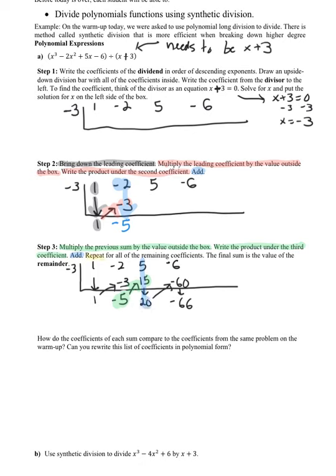Then I'm going to repeat for the remaining coefficients, and then I add. The final sum is the value of the remainder. So if we were doing division, the final sum would be the remainder. It would be negative 66 over what we started with, the x plus 3. That's the remainder over the divisor.